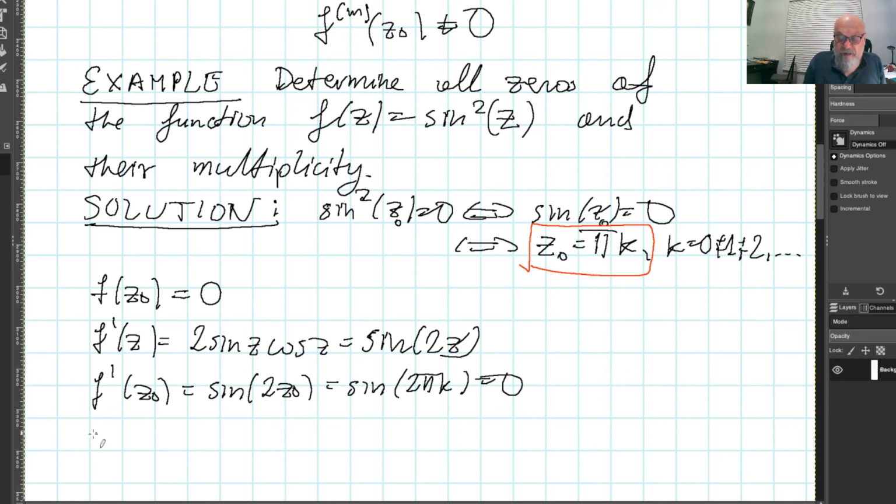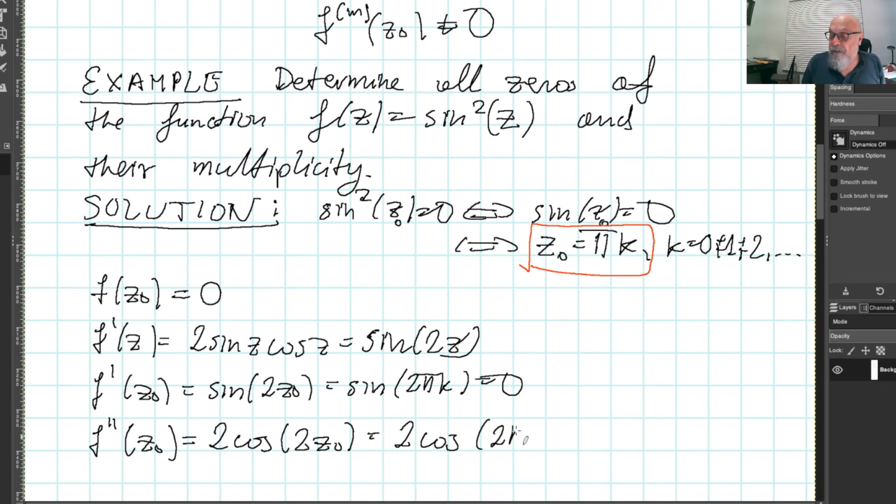So let's go to the second derivative. The second derivative at z0 is 2 cosine of 2 z0, and plugging it in, you get 2 cosine of 2 pi k.